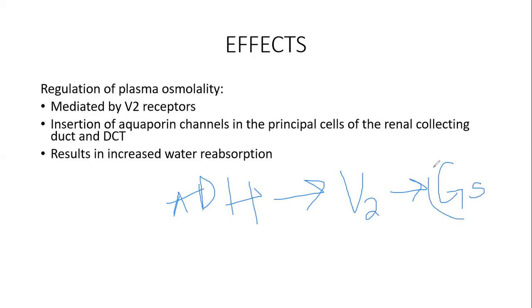Now, Gs alpha subunit will stimulate what? Adenylyl cyclase, which will convert ATP to cyclic AMP. And then cyclic AMP will activate protein kinase A, right? And then generates its response. This is a very important concept.